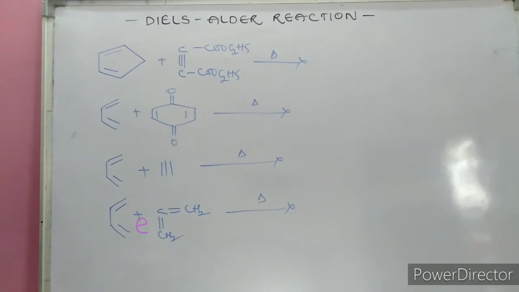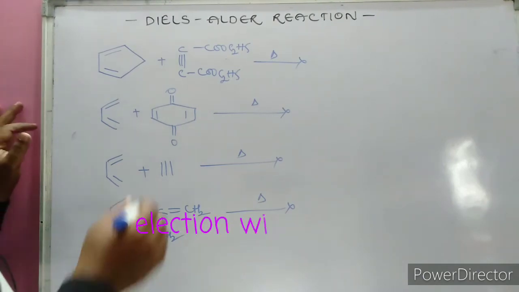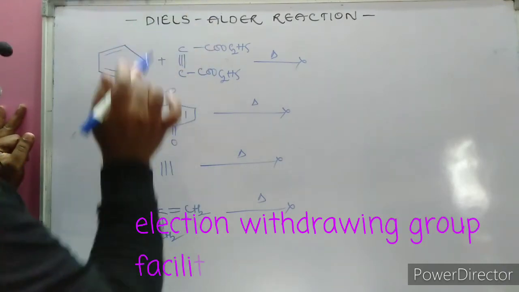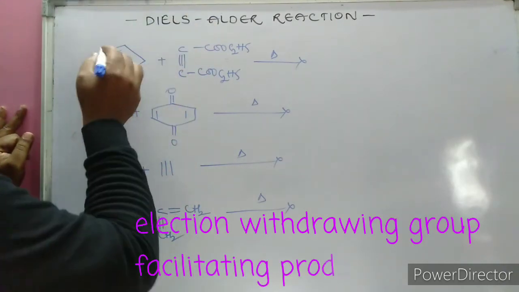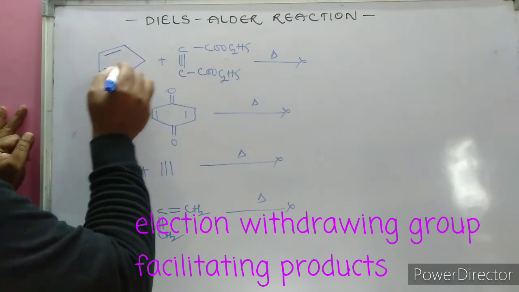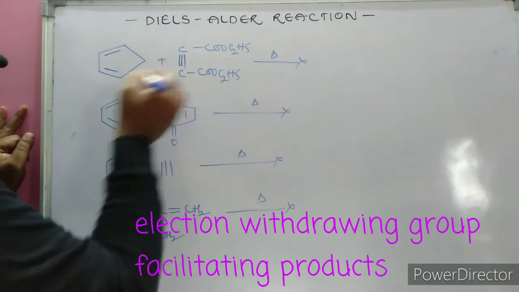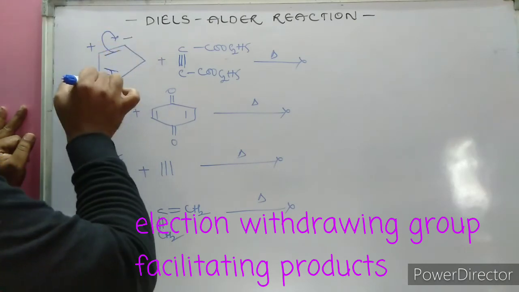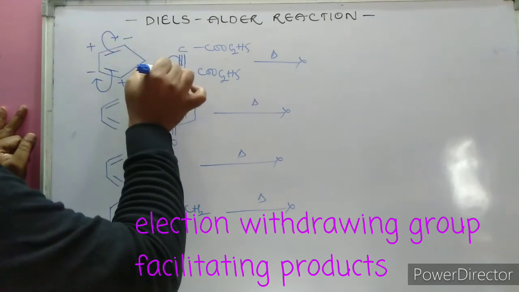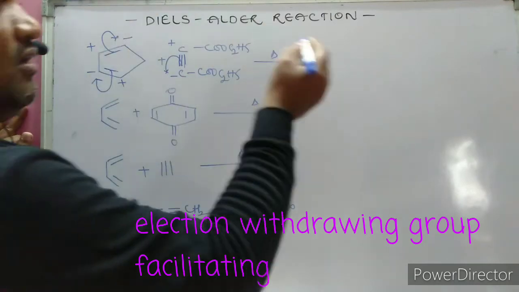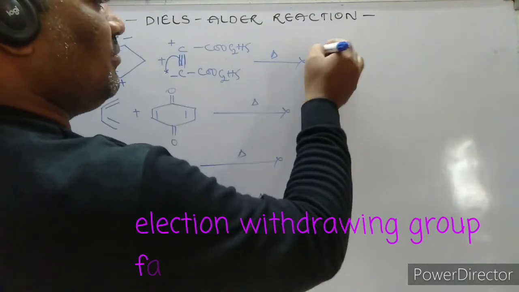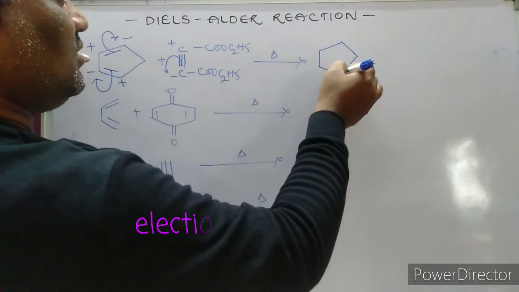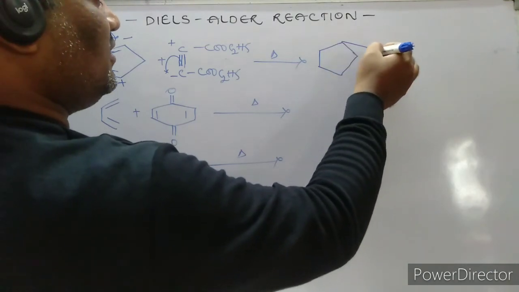Next, working examples on the Diels-Alder reaction. How can we identify whether a given reaction is a Diels-Alder reaction or not? Here a diene is present and here a dienophile is present. What we need to do is mark minus and plus, and here also minus and plus. A new bond forms, and these remain the same. The CH2 is the same, and the new bond is established.